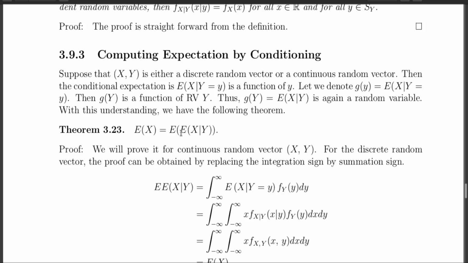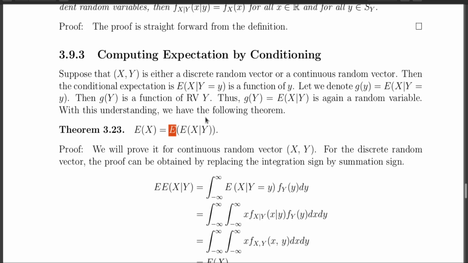Clear? I hope the intuitive idea is clear to everyone. I divide the whole population into sub parts, compute the expectation in every part, which is the conditional expectation, and then take another expectation over the conditional expectation to get the expectation over the whole population.